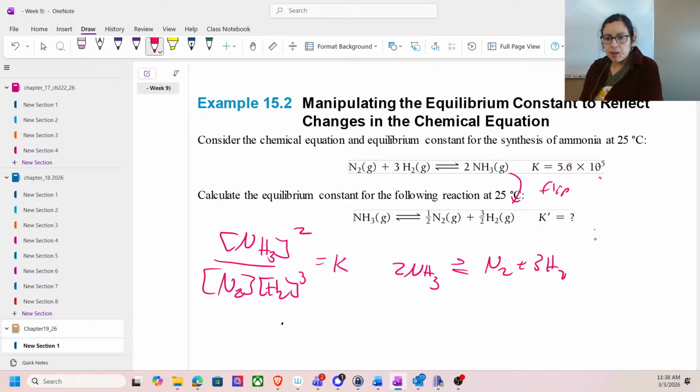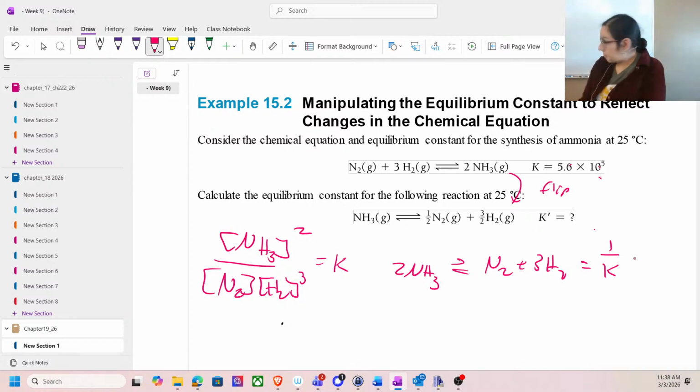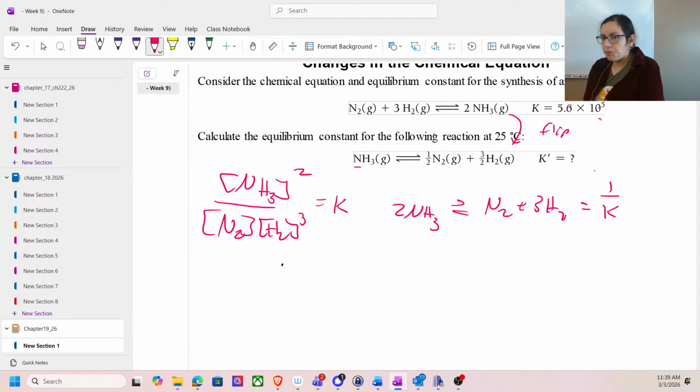Okay, so from here to here, we've just taken 1 over K, or K to the -1, whatever feels better for you. And then what was the second thing that we did, though? Not only did we reverse it, but what do we do to the concentrations?